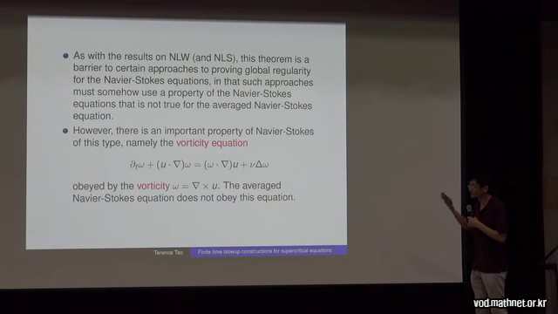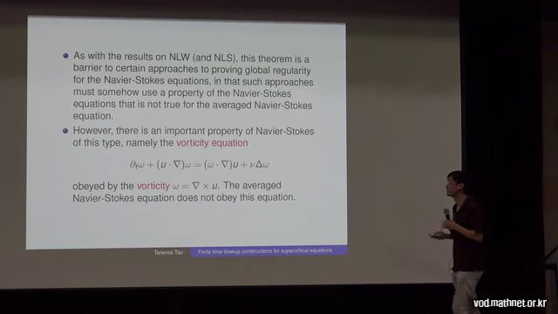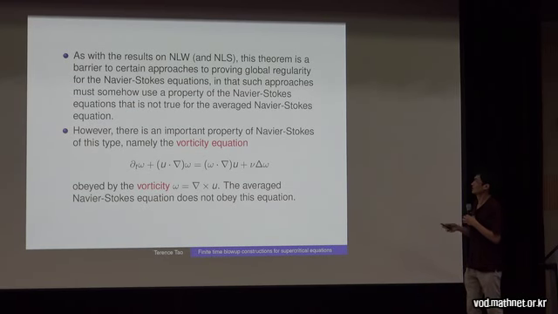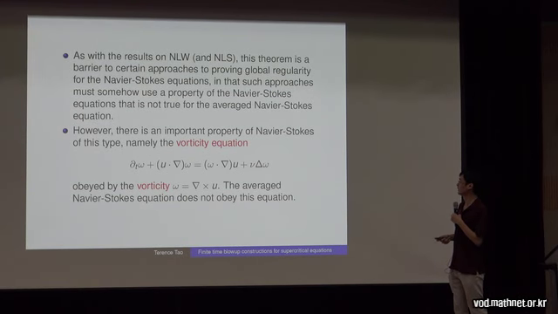So if you want to solve the global regularity problem for Navier-Stokes, which I don't believe is true actually, but if you want to do it, you must use some property of Navier-Stokes which is not true for this averaged equation. Now, there are such things. So this result doesn't exclude every single possible way to prove regularity for Navier-Stokes.